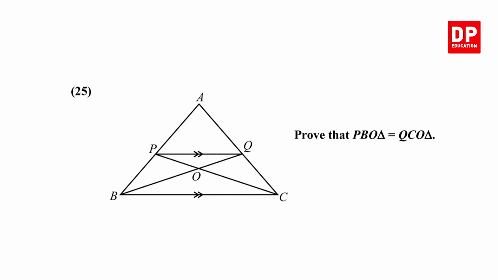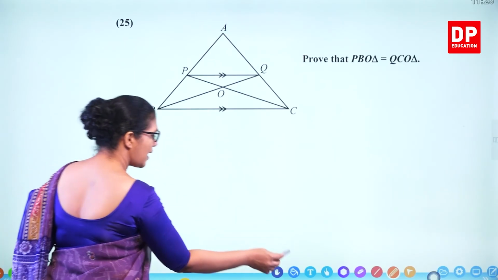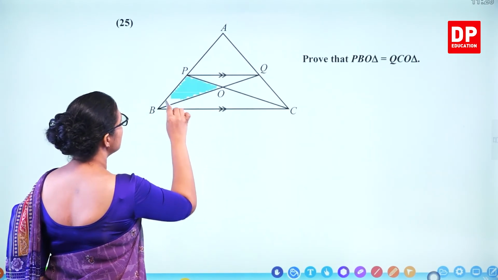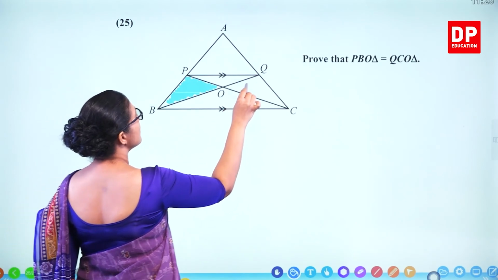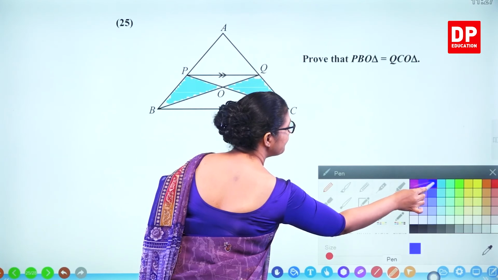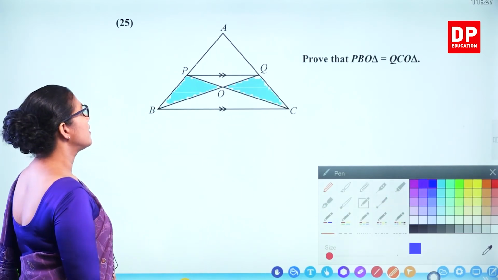Question number 25. Prove that triangle BPO is equal to triangle QCO. These two triangles are equal. This and this. Now look at this one.